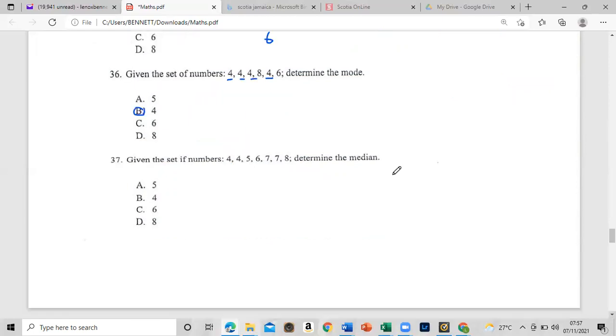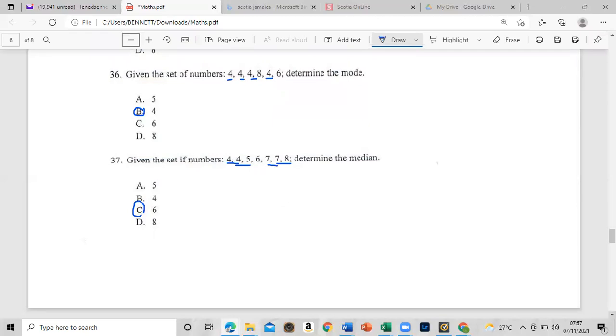Given the set of numbers, determine the median. It's already arranged in ascending order. So let's see, we go 1 here, 1 there, so 6 and 9 we go. Isn't maths fun? Isn't maths awesome?